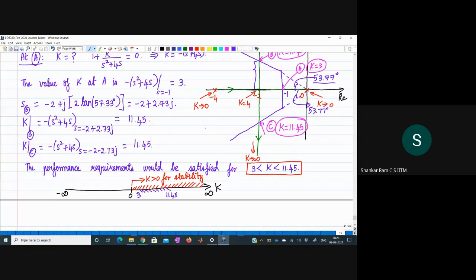I hope the process of this control design using root locus is clear. Any questions?